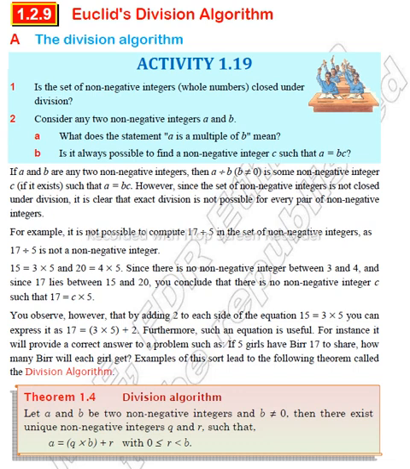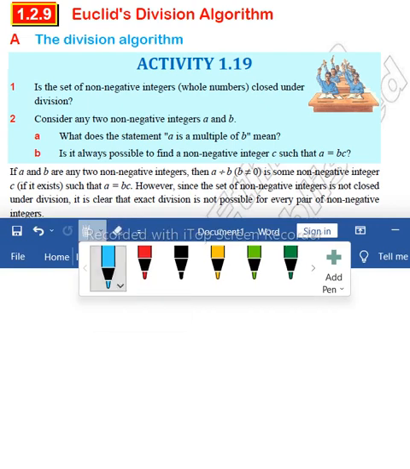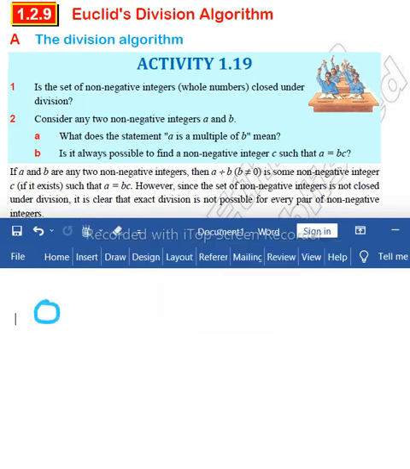The Euclidean division algorithm says that, for example, if a given number A is divided by B, we get a quotient Q when we divide the number by B, and we have a remainder R.